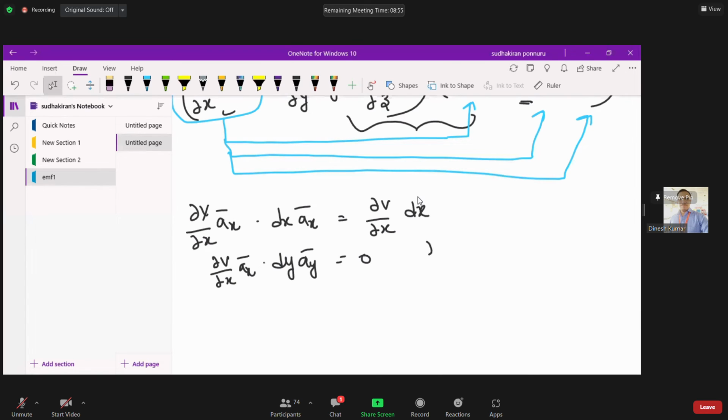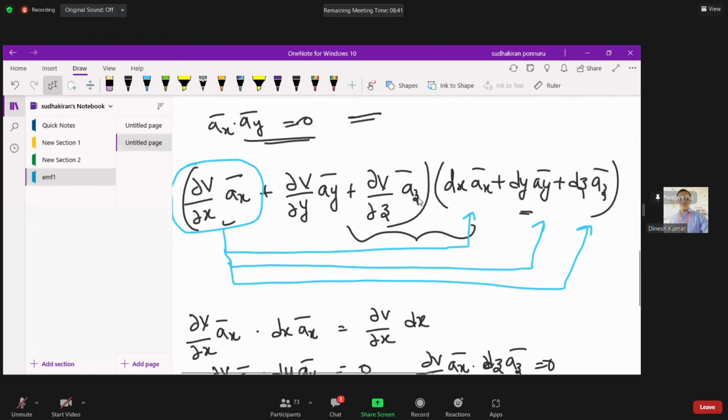Dou v by dou x into ax bar multiplied by dz az bar. The value is again 0. Therefore, if you multiply the first term with all the terms in the second, you get only one value, that is dou v by dou x into dx. The remaining terms become 0.